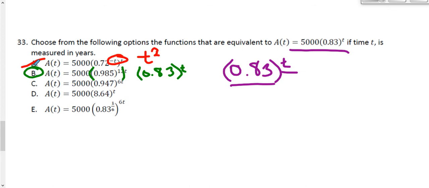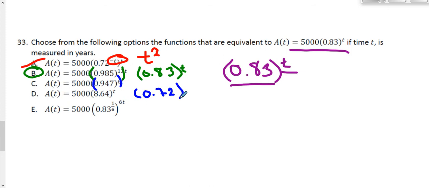Let's take a look at option C. If I do 0.947, again, it's to the 6th power and the t power, so I'm going to group those together to see what happens. I'm going to group this with the 6 and do 0.947 to the power of 6, and I get 0.72, not 0.83.